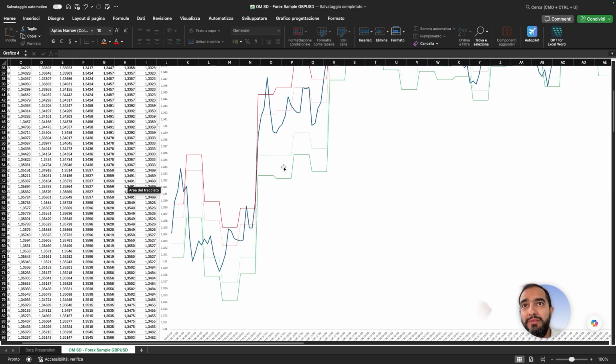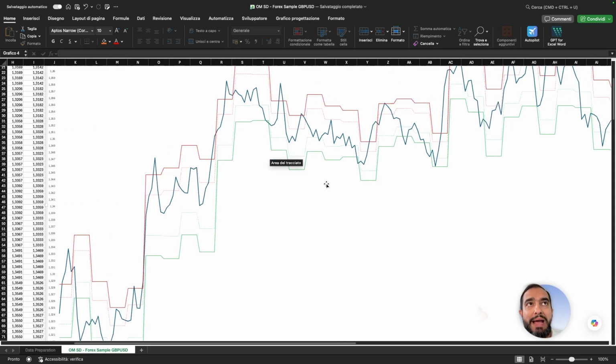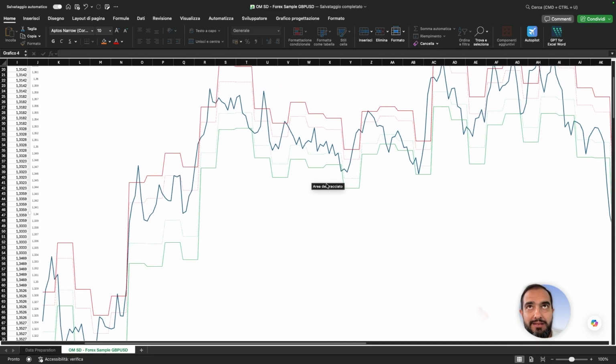So we have the four lines, the two in red are the supply zones, and the other ones in green are the demand zones. Every time that the British pound against the dollar goes to the levels, it bounces back. So you have a trade opportunity.